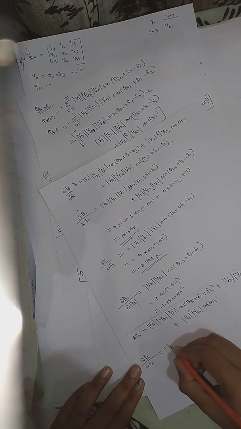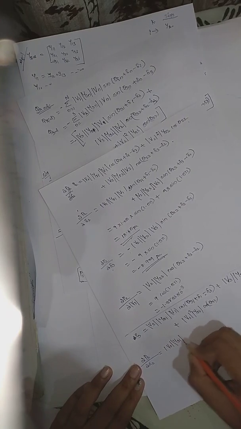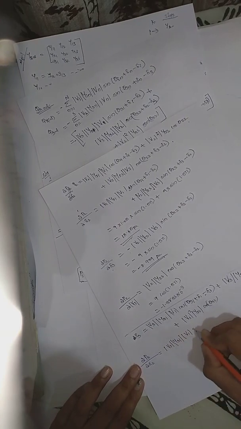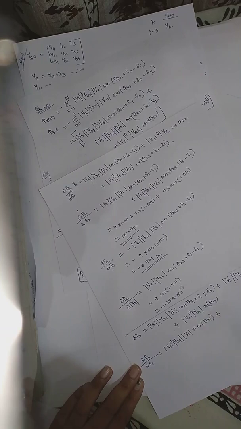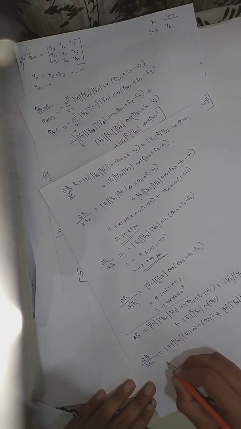So I am writing it as V3 Y31 V1 into sin(theta 31 plus delta 1 minus delta 3) plus V3 Y32 V2 into sin(theta 32 plus delta 2 minus delta 3). There is no delta term in the other, so it will be the same only.